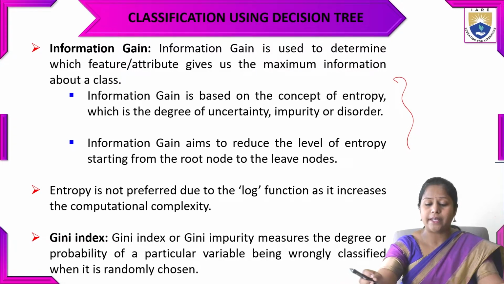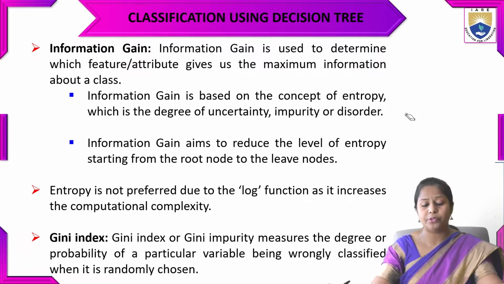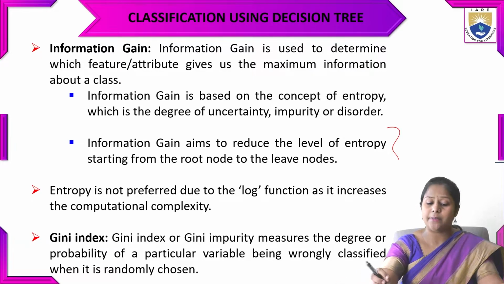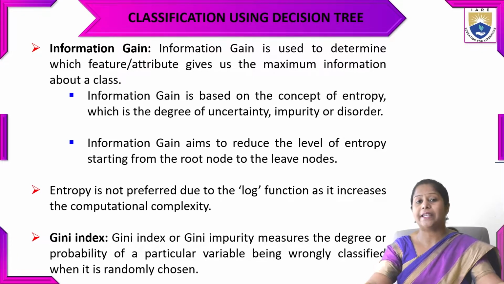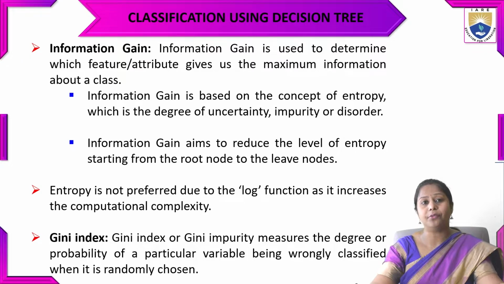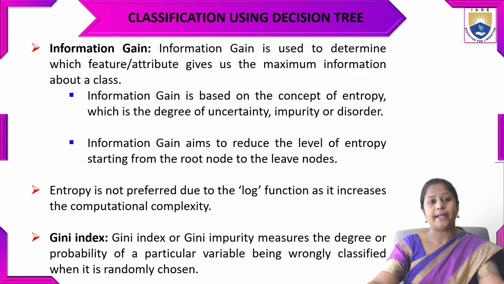Information gain aims to reduce the level of entropy. The less entropy we get, the more that attribute will be the root node. Information gain aims to reduce the level of entropy from the root node to the leaf node. For each node, we have to calculate the entropy while using the information gain measure for attribute selection.